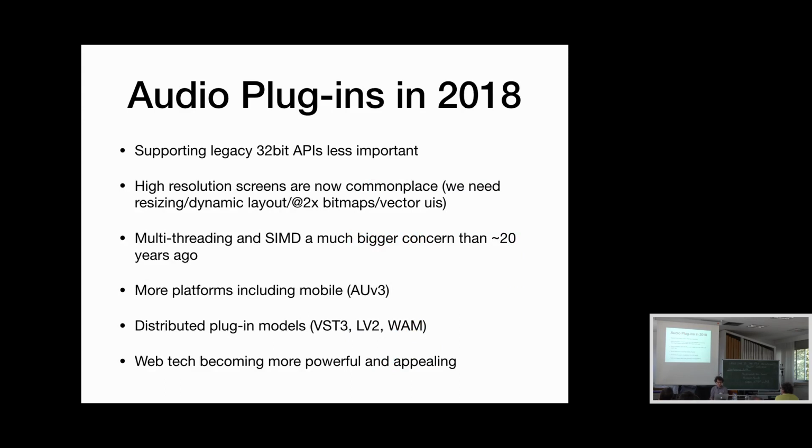Some thoughts about the state of audio plugins in 2018. So these things have been around since the late 90s with VST2, and nowadays things are changing a bit. Thank heavens we don't have to support all these legacy 32-bit APIs and plugin formats such as RTAS and Carbon on Mac.